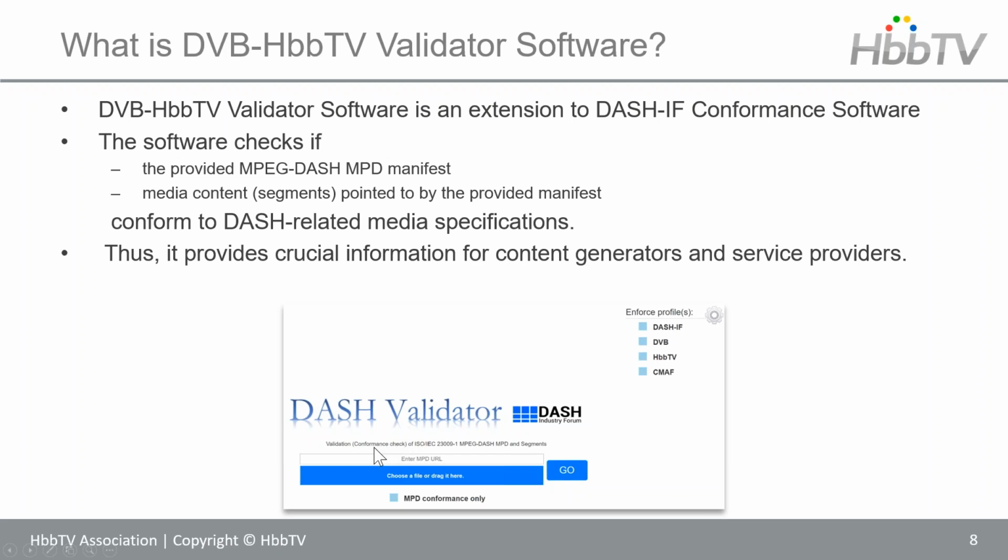You provide it with the manifest or the MPD, and it will check the manifest on a high level. I'll tell you the details of what is checked exactly, and then the segments that are pointed to by this manifest are also possibly tested using this tool. So the information that it provides is relevant to the content generation people, service providers, and player developers.